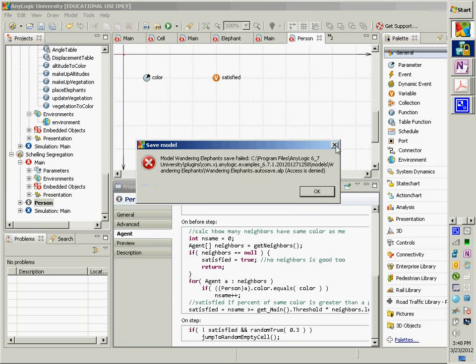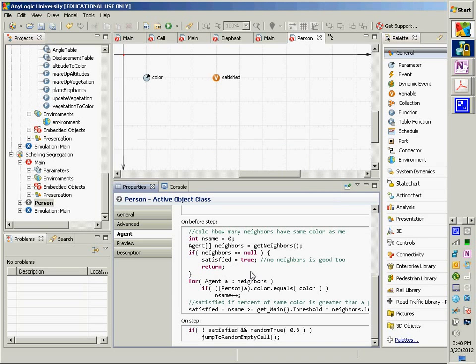So here, though, what we do have is a calculation on before step. So again, we have this lockstep updating by these agents in this grid. And before anyone updates, they're going to collect information on their neighbors. And what information are they going to collect? Well, they are going to find out who their neighbors are.